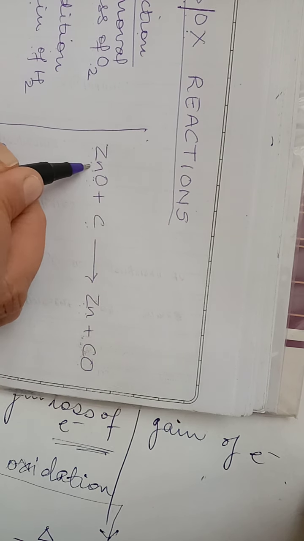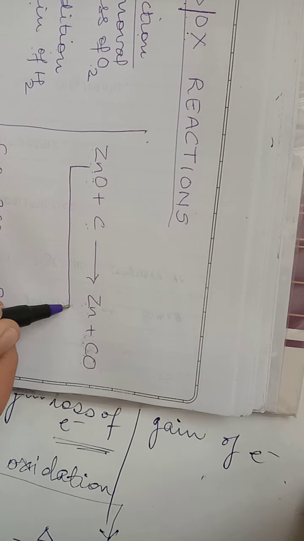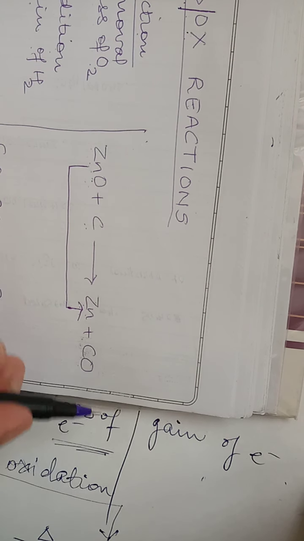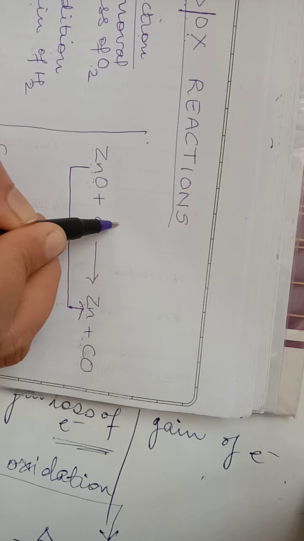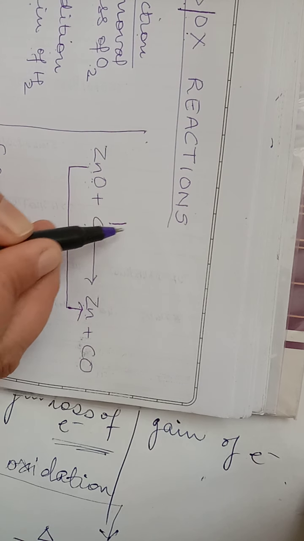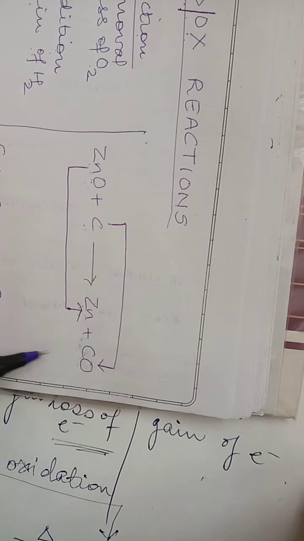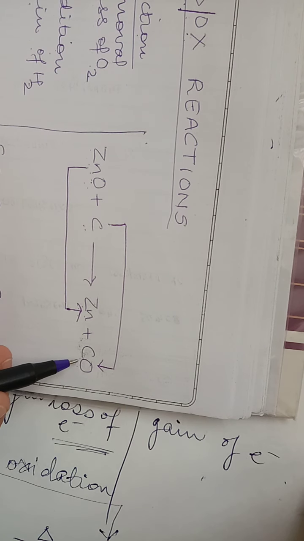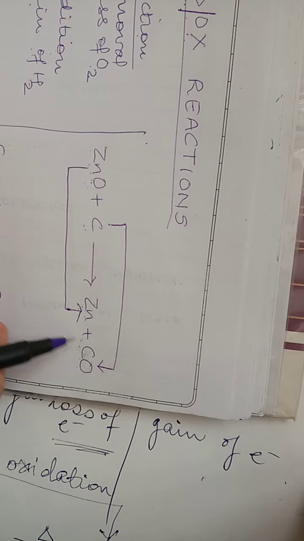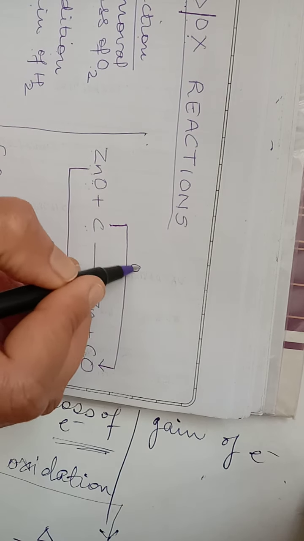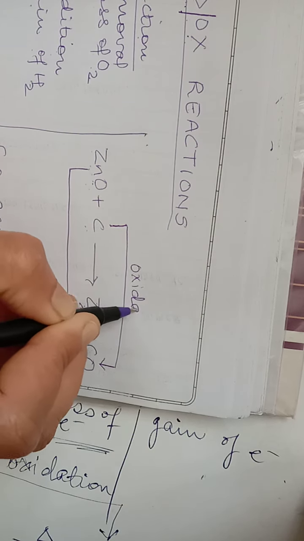Whereas carbon was without oxygen, but oxygen has been added to carbon and it has become carbon monoxide, CO. So there is addition of oxygen to carbon, and we call it oxidation.